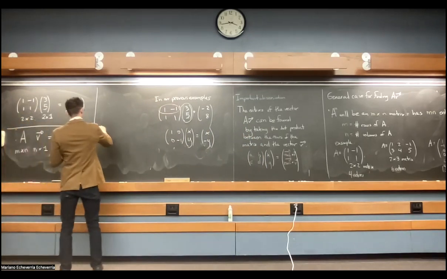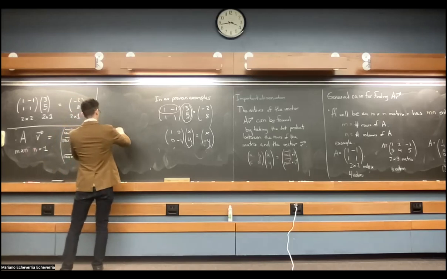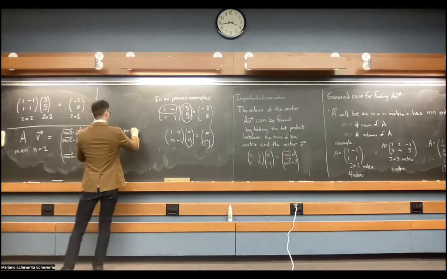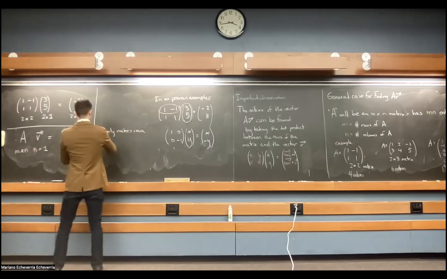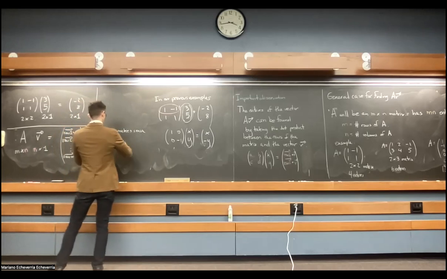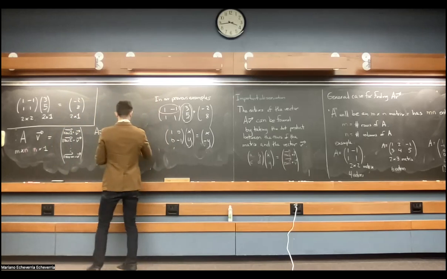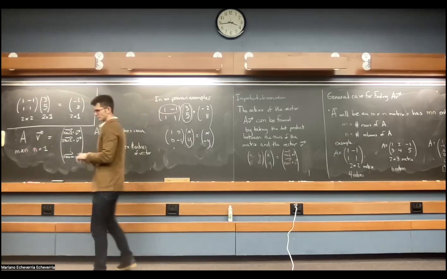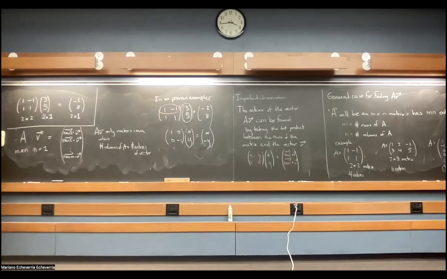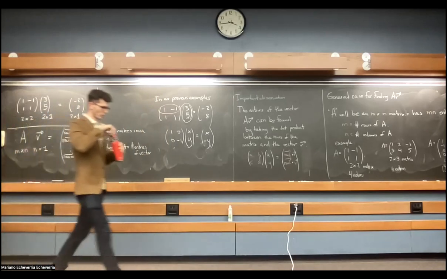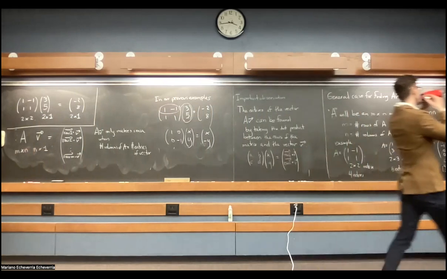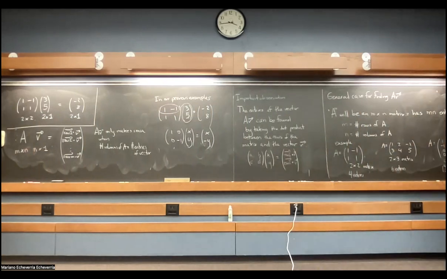AB only makes sense when the number of columns of A equals the number of entries of the vector. Is that okay?